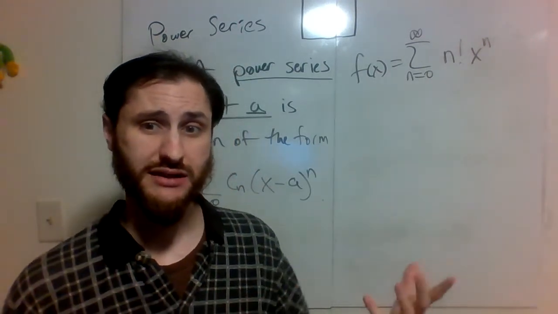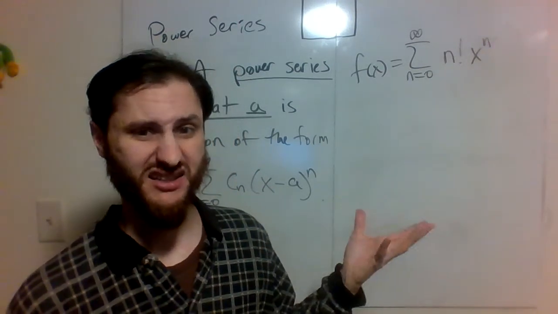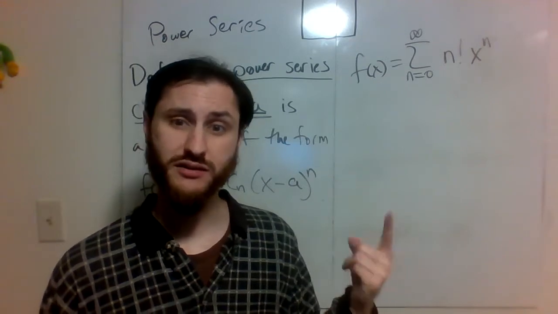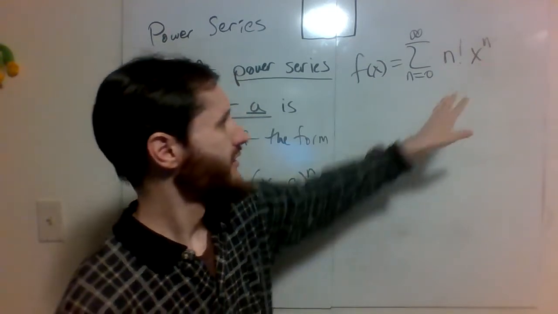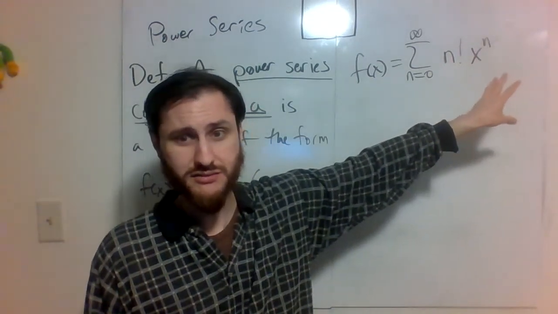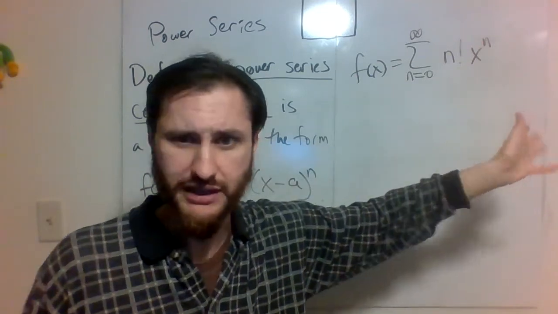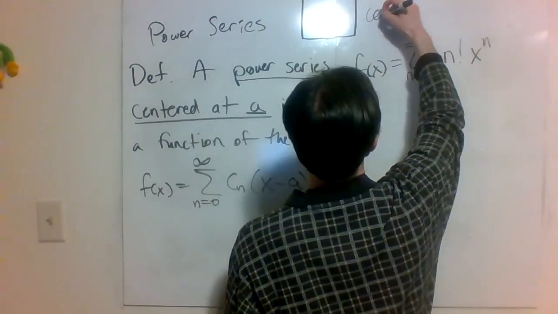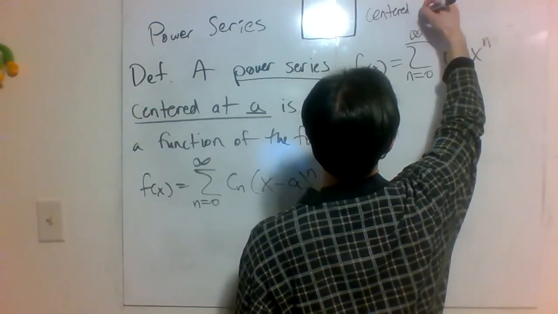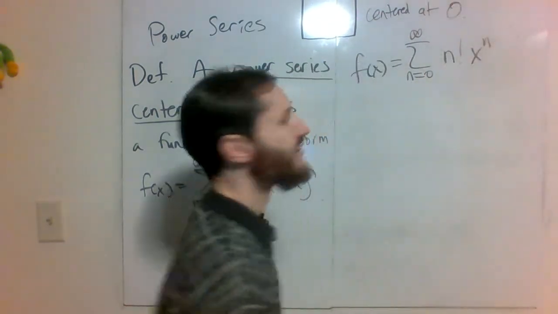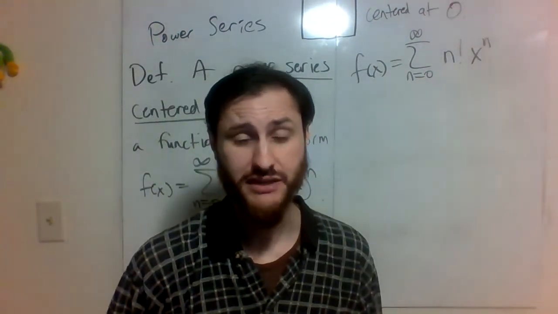So I just like to write down a couple of terms. When I see this, my instinct is I want to realize where the power series is being centered. It's not x minus anything, so it's really x minus 0 if you like. So this thing is going to be centered at 0.